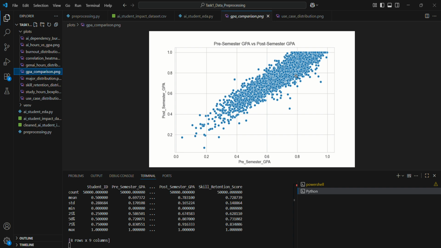Each dot represents a student, and the few students who scored less in pre-semester also scored less in post-semester, right? So that's the basic implication of this scatter plot. We can see there's a consistency. If somebody is starting well, they also end well in their academic year.